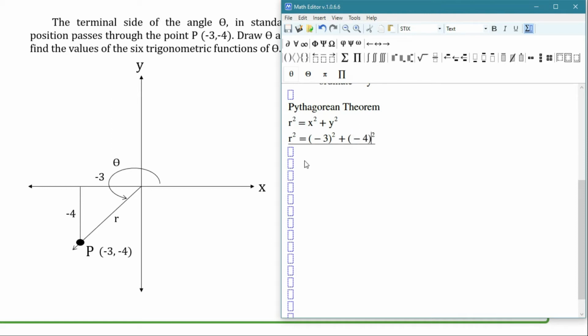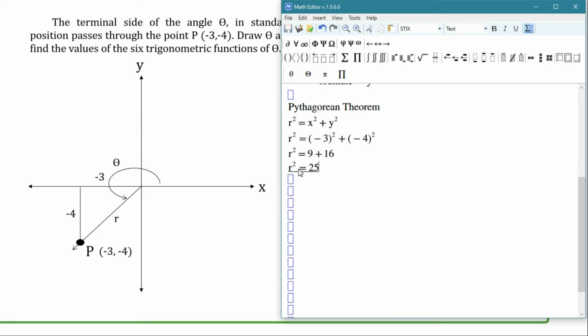By simplifying, the square of negative 3 is 9, plus the square of negative 4, that is 16. Adding them, that's going to be 25.